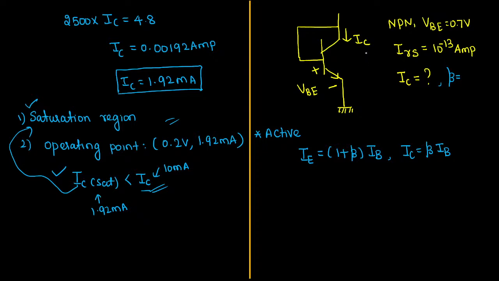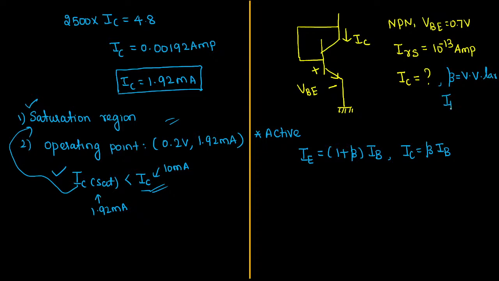In the circuit, VCC is not given, base voltage is not given, resistor is not given, base current is not given. When there is no possibility to bring the relation between collector current and base current directly, under all these cases, by default, assume that beta is very, very large.